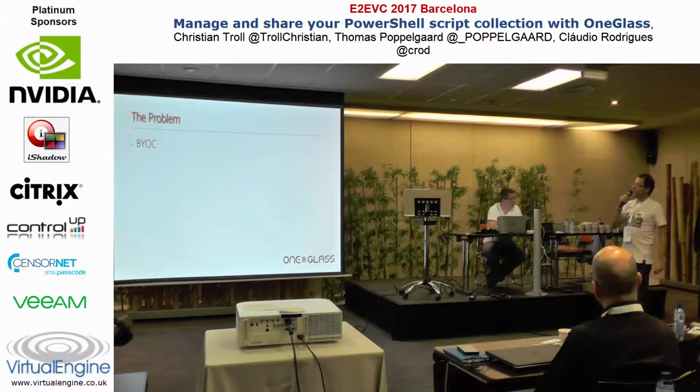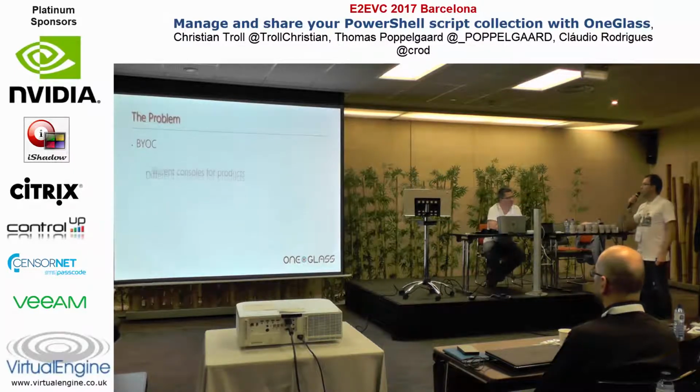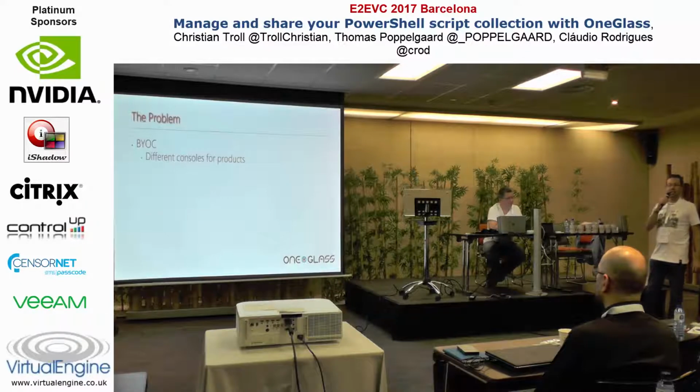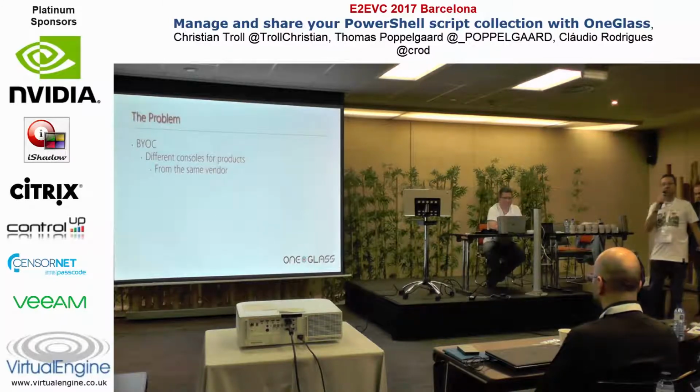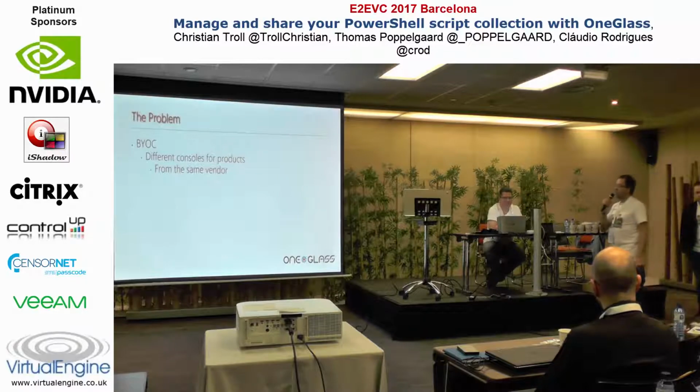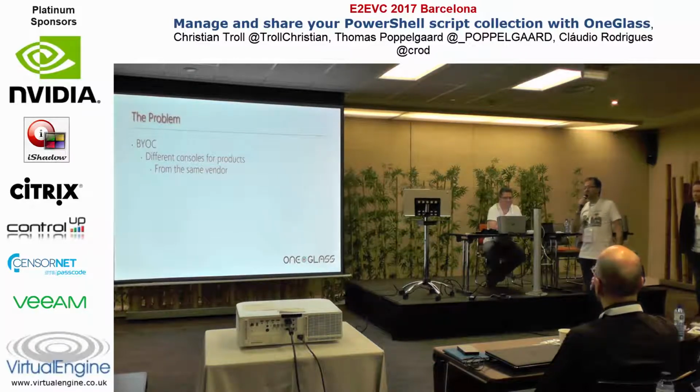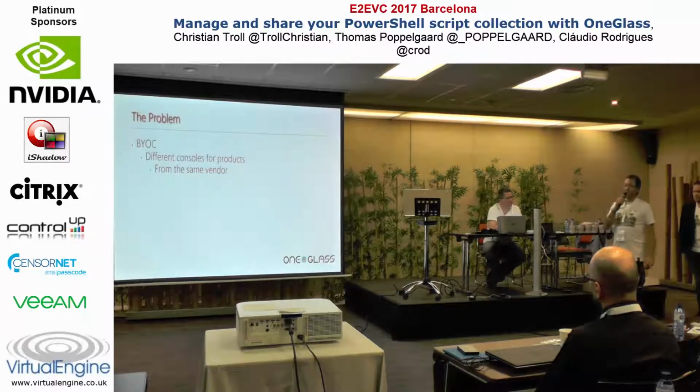So they ended up with like 1 million consoles, and then other vendors did the same thing. So now the problem is we have different consoles for different products, and with some vendors we even have different consoles for their own stuff. So if you used Citrix in the past, you know what I'm talking about. So that's a problem.